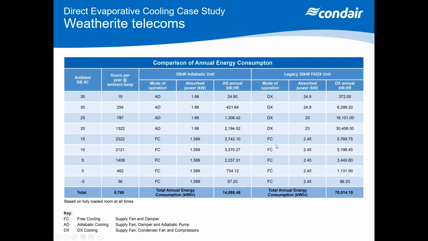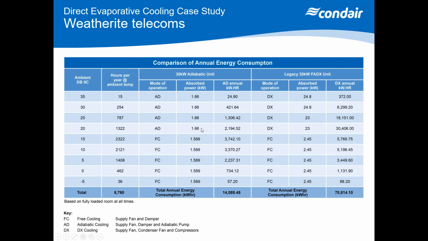But the change really happens when we see our ambient temperature rising into a scenario where we require cooling. So when we're above 20 degrees C, we see the adiabatic system kick in. That damper closes and we force the air through the adiabatic cooler and we evaporate water into the airflow.